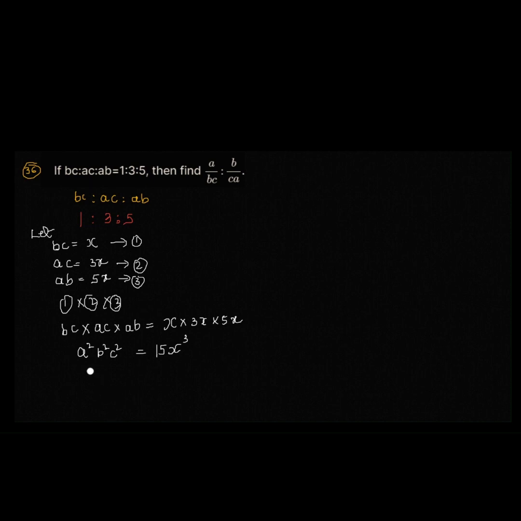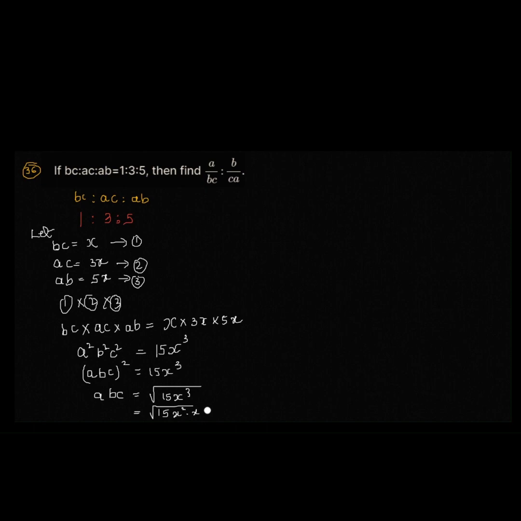Now we need to simplify further. So I'm writing it as ABC whole square, which is 15x cube. And if you want to find the value of ABC, we have to take the square root of 15x cube. So we can write 15x square into x, so basically x cube has split like that.